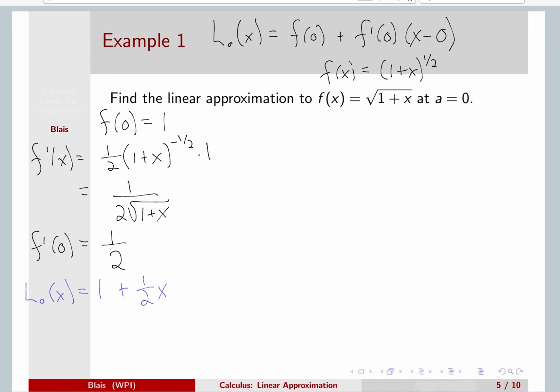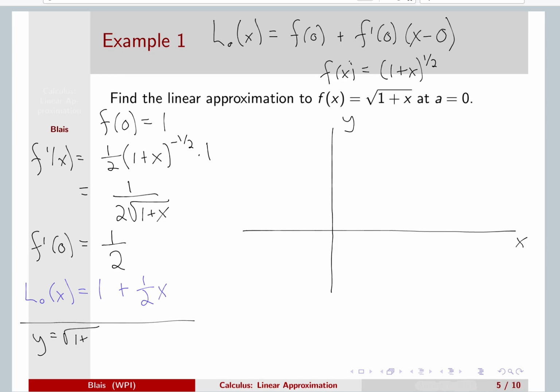Let's look at the graph and see what we just did. First let's graph the function itself. The function is y equals root 1 plus x.